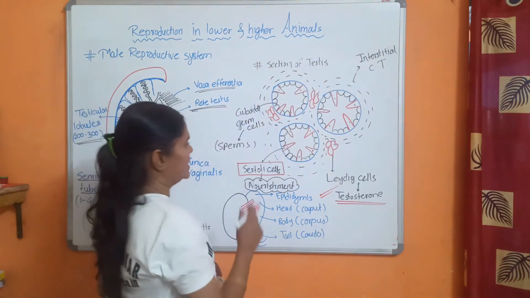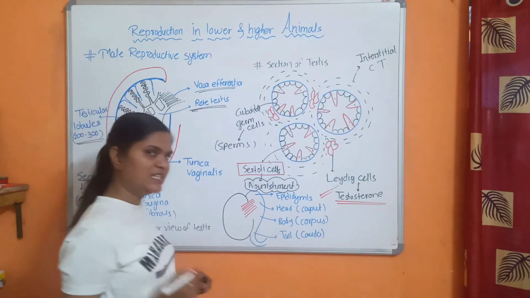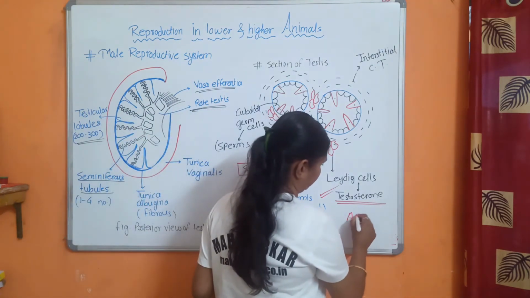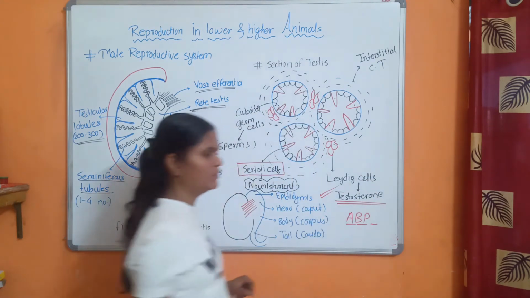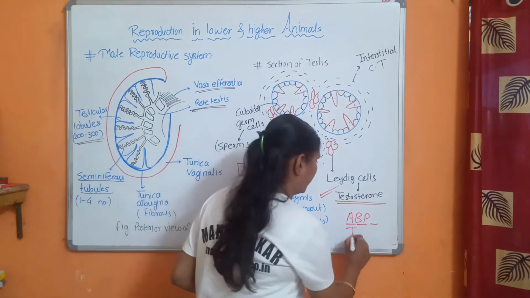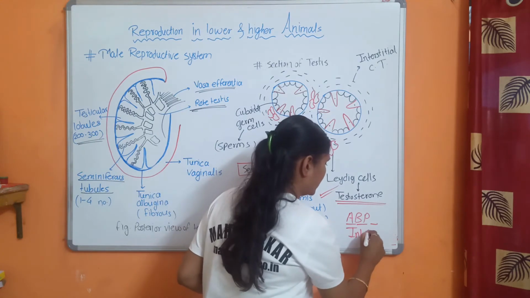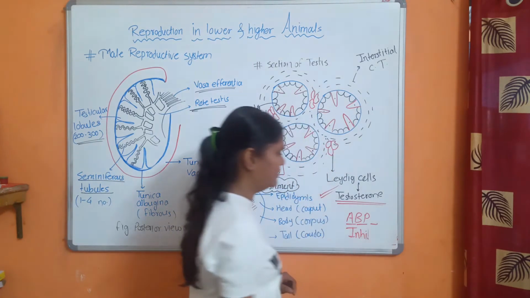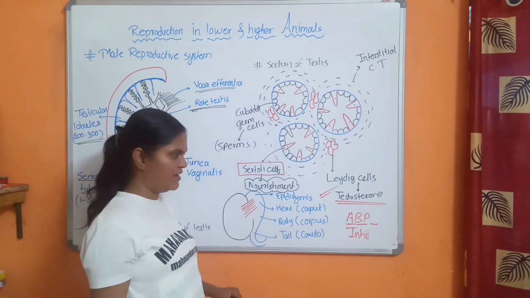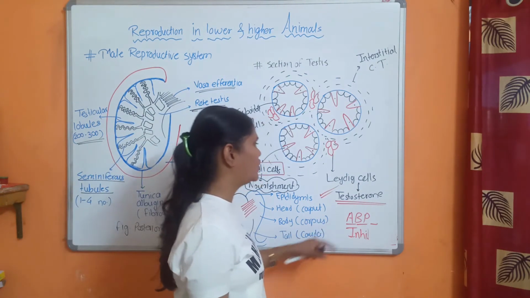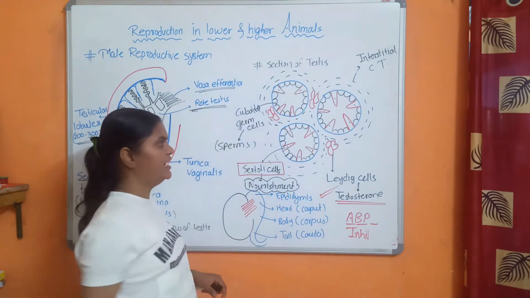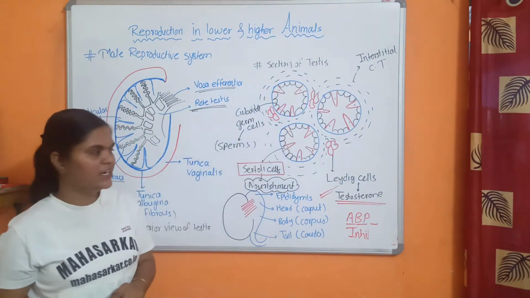These Sertoli cells also secrete a protein, that is ABP, androgen binding protein, and inhibin protein. Inhibin stops the activity of FSH, and ABP, androgen binding protein, concentrates testosterone in the seminiferous tubules.